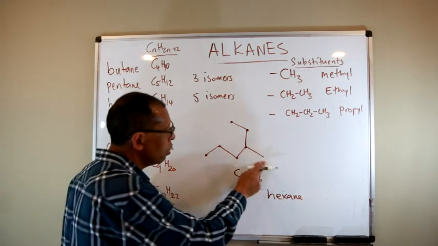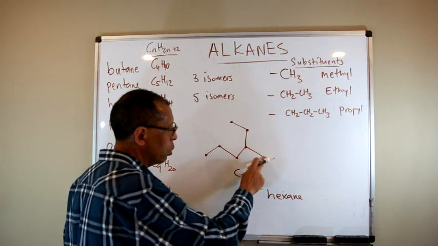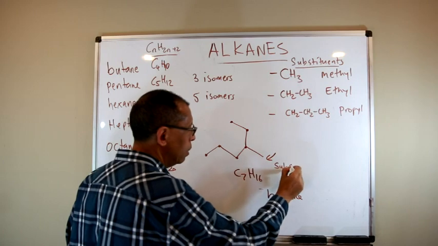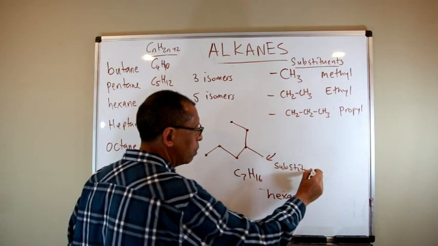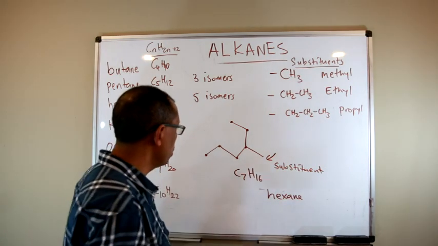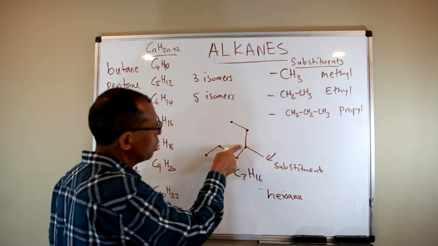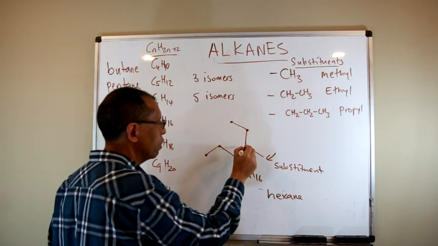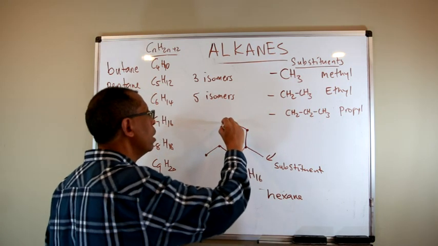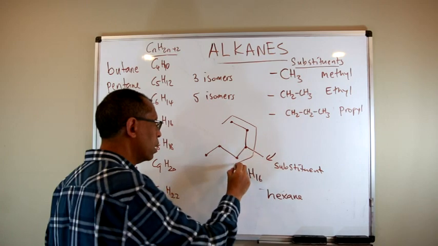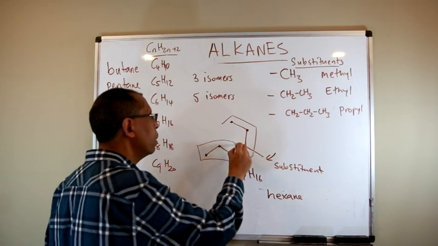Here is your 1-carbon substituent. This is called a substituent. At what position? 1, 2, at the 3 position. So this is carbon number 3. The chain is going all the way, you are counting it this way.